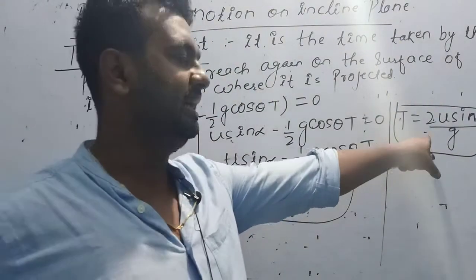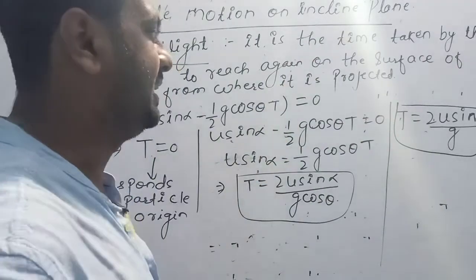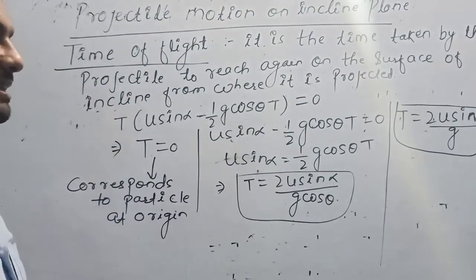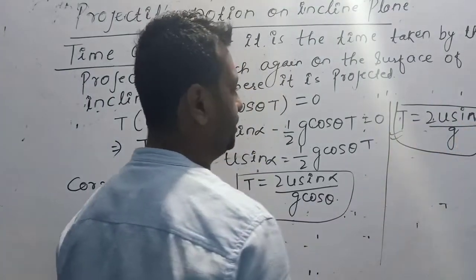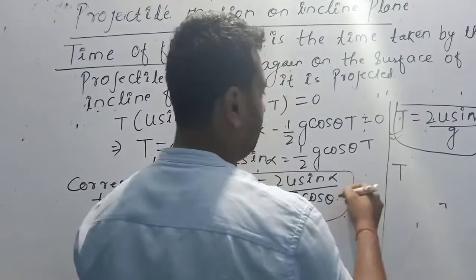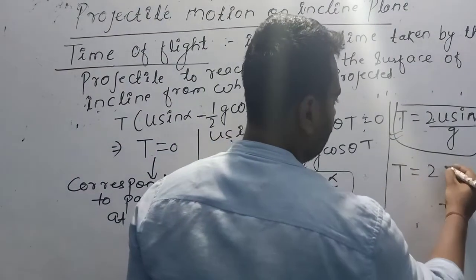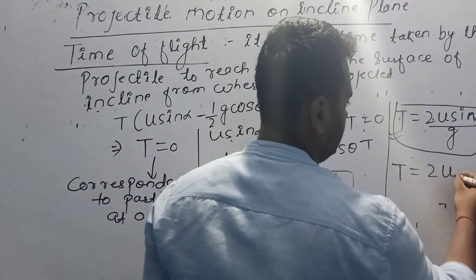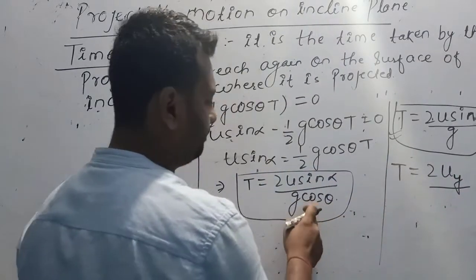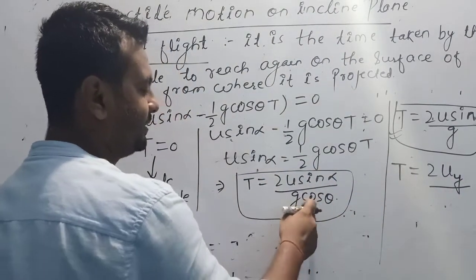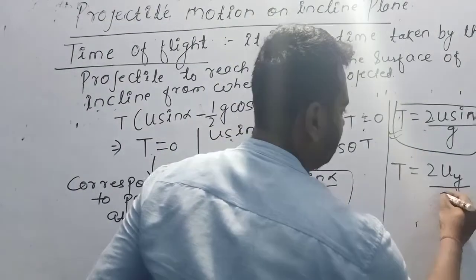This we have studied earlier: when the projectile was projected from the ground, making angle theta with the horizontal axis, time of flight was 2u sin theta upon g. We can simply compare these two equations. We have got t is equal to 2 times the y component of initial velocity upon, what is this? This was the y component of acceleration due to gravity.